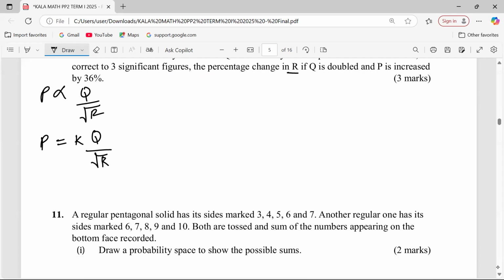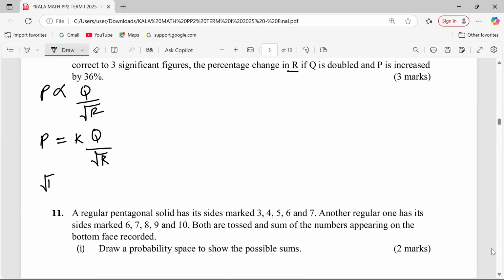To make R the subject, root R times P equals KQ. How do we remain with root R? KQ out of P.